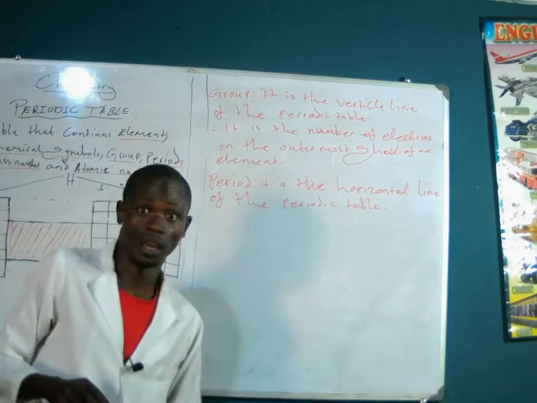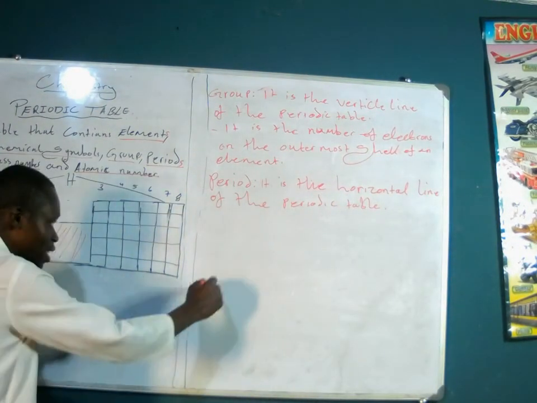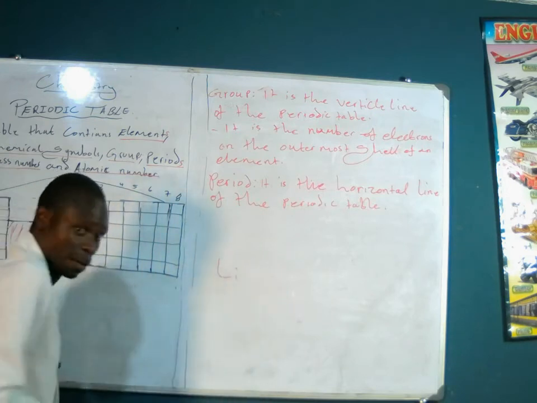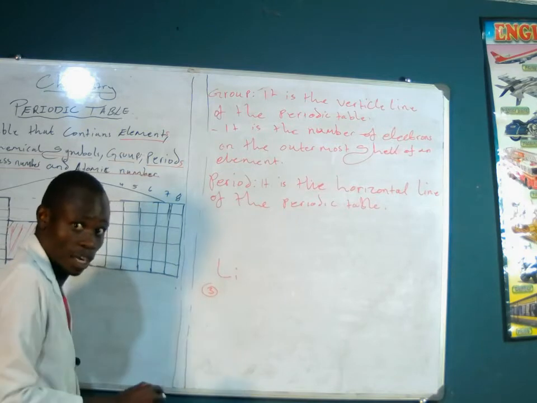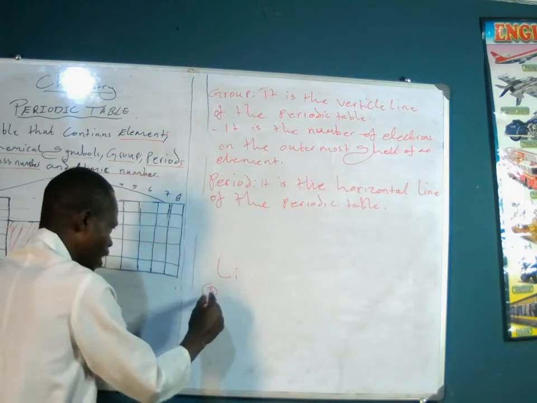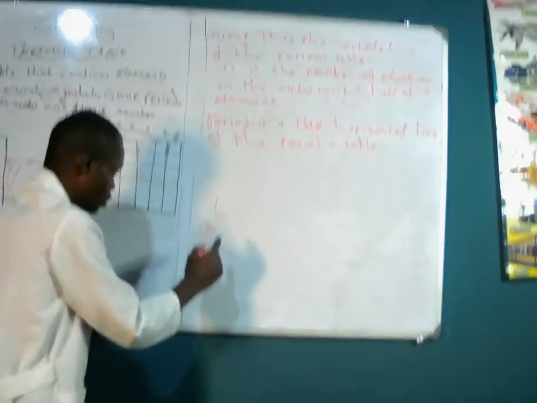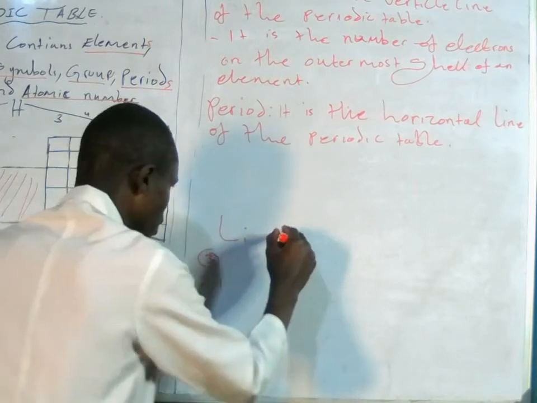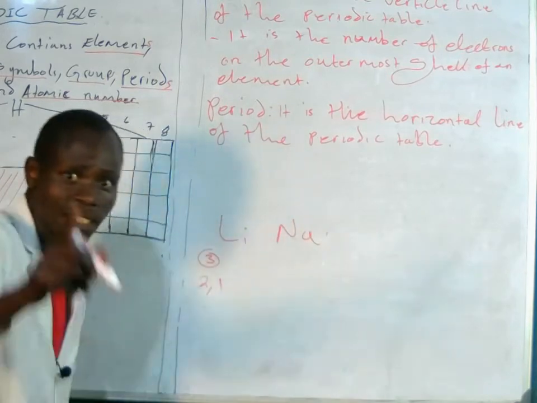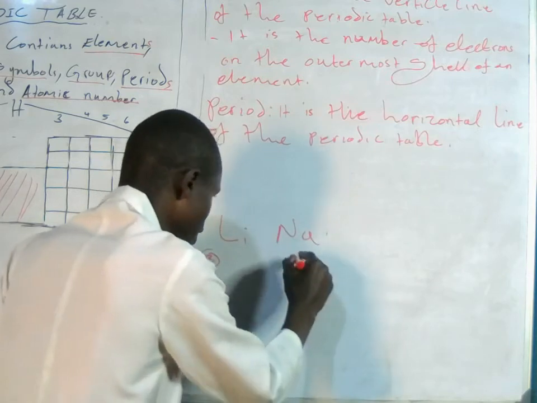Now if you draw electronic configuration, like I did for lithium, it has 3 electrons and protons, which means if I write its electronic configuration, it will be 2, 1. Now let me give you another element, which is sodium. Sodium has 11 electrons.